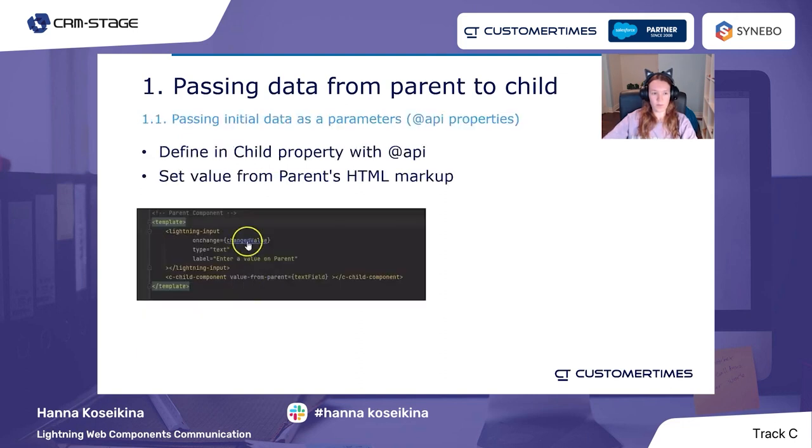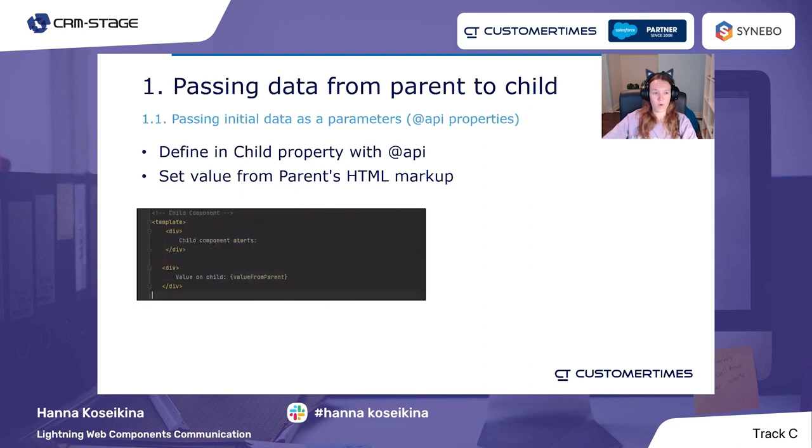First option is the default option, passing initial data as parameters, or, as we can also call it, a public property. We define in the child component some property with the API decorator, and this makes this property a public property, so we can access it from the parent component. And we set the value from the parent's HTML markup.